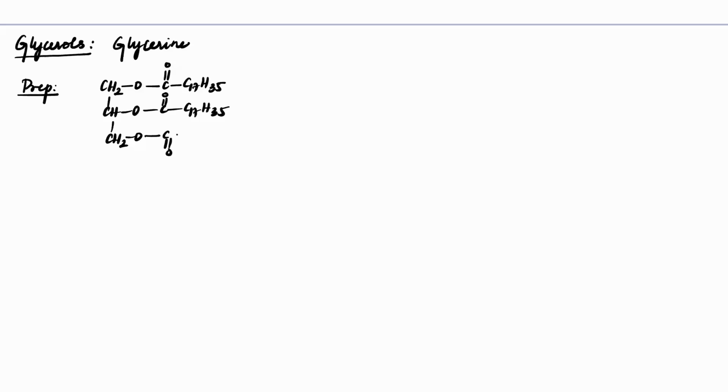C double bond O, C17H35. This is a triglyceride. When you react a triglyceride with aqueous NaOH, see what will happen.